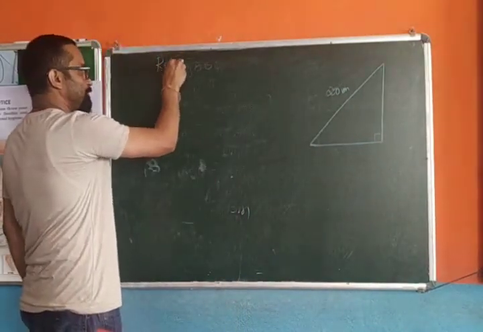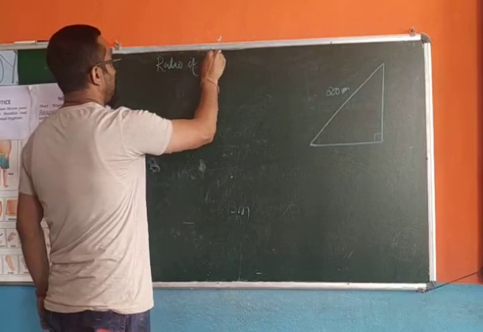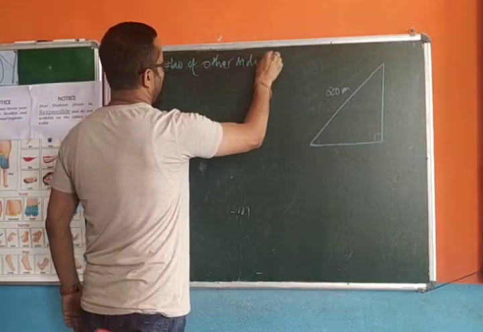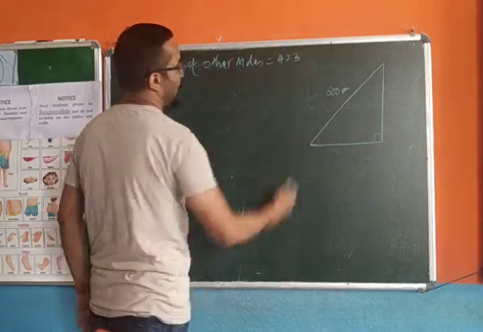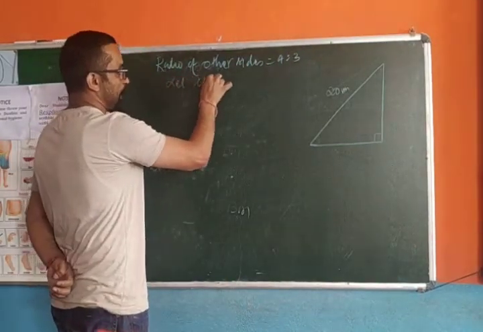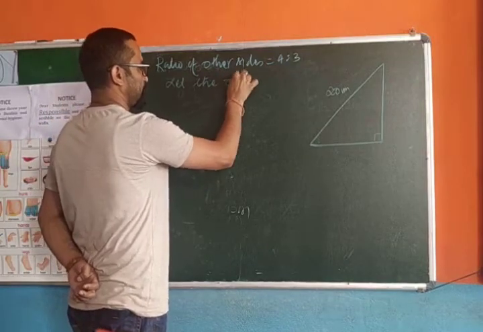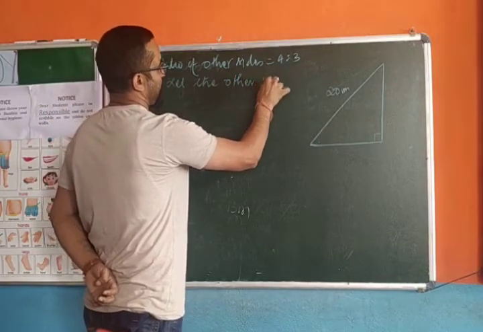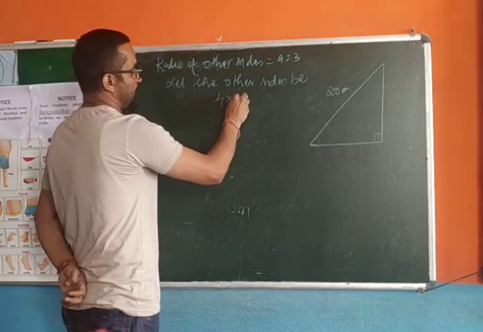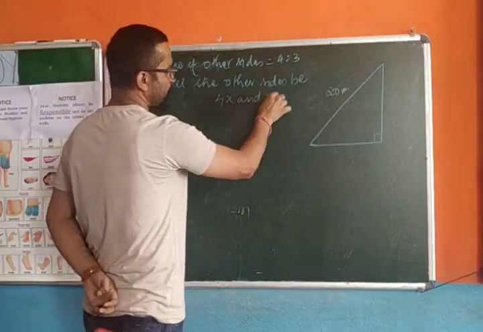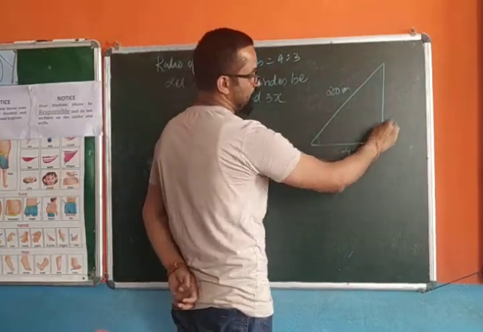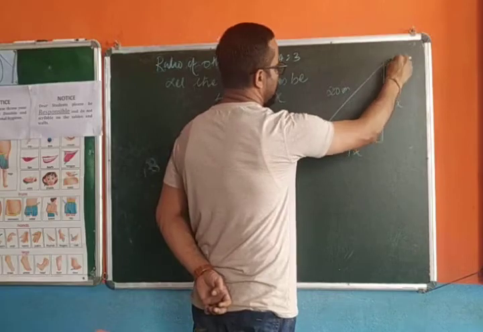Ratio of the other sides 4:3. Let the other sides be 4x and 3x. So I am taking one leg as 4x, the second leg as 3x.